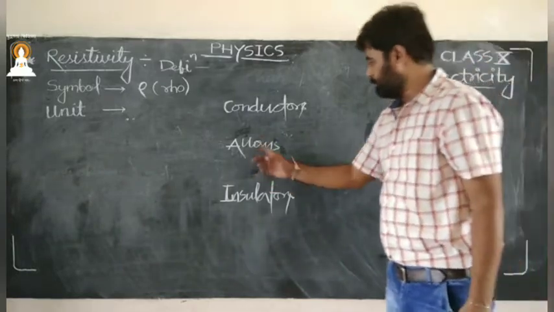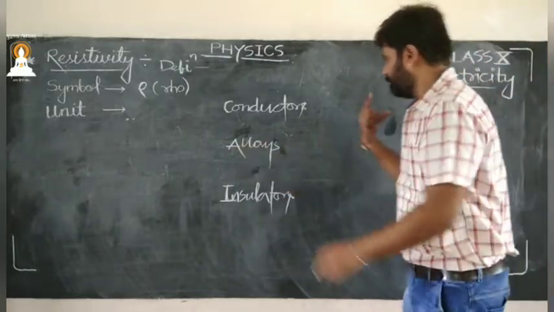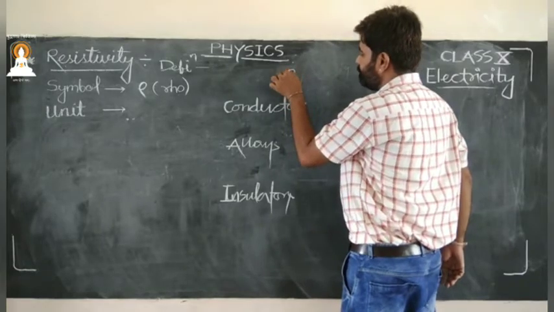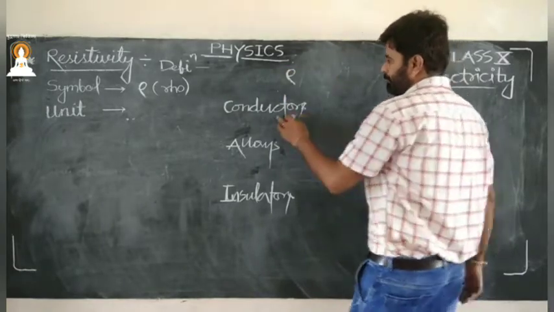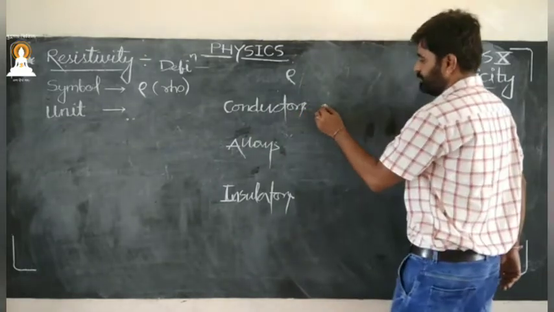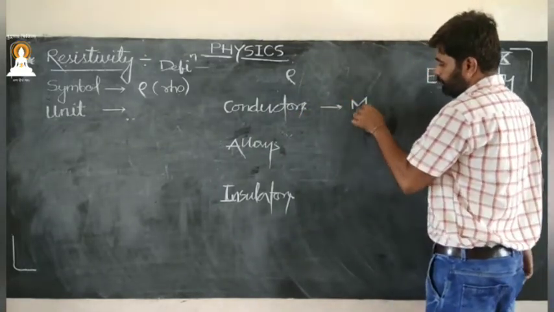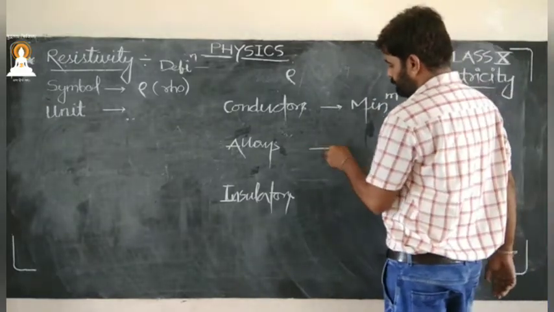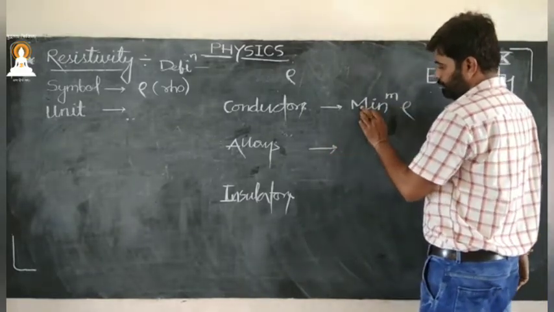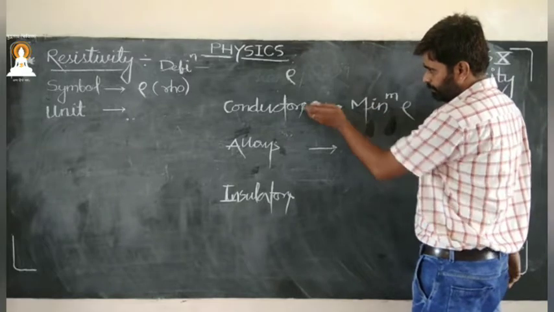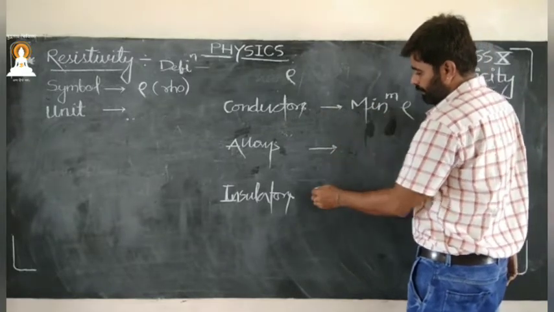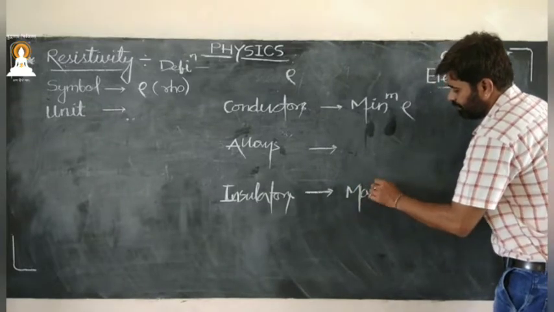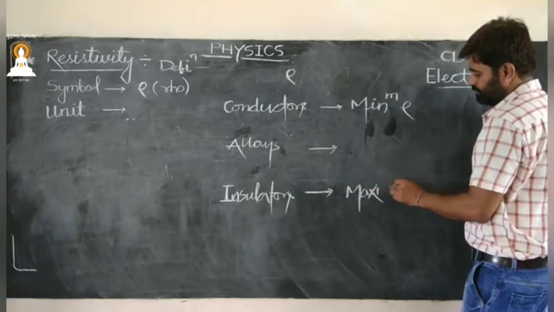If I talk about the sequence of resistivity, conductors have minimum resistivity, minimum rho, then alloys are greater than conductors, and insulators have the maximum value of resistivity.